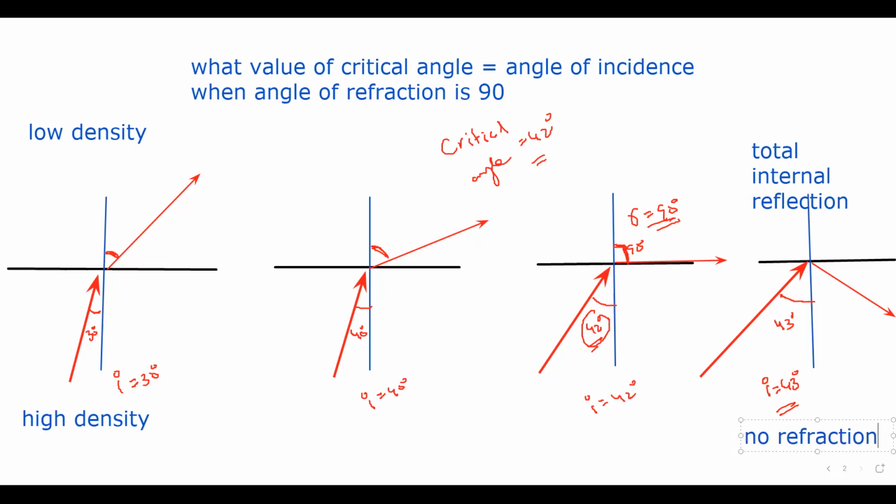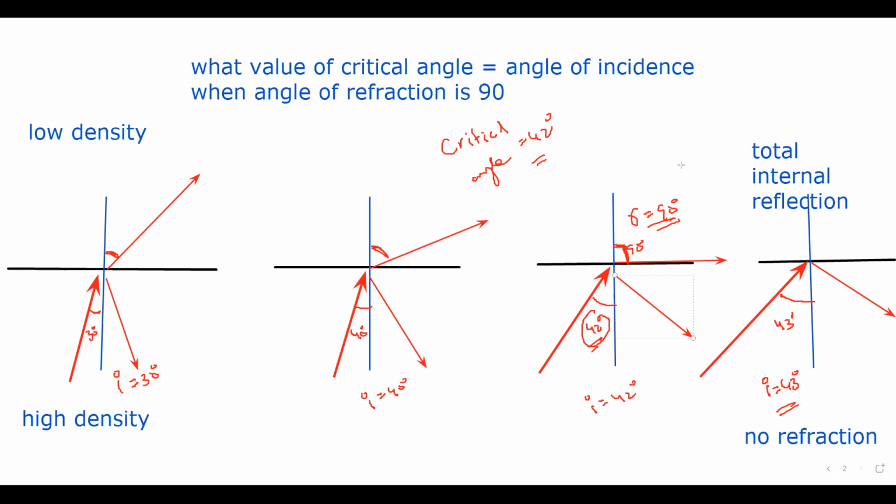In the first figure, some of the light is refracted, some of the light is reflected. In the second figure, some of the light is refracted, some of the light is reflected. Third figure as well. But in the fourth figure, what happened? There is no refraction, the light is not able to come out. It only bounces back in the same dense medium. We call this phenomenon total internal reflection.